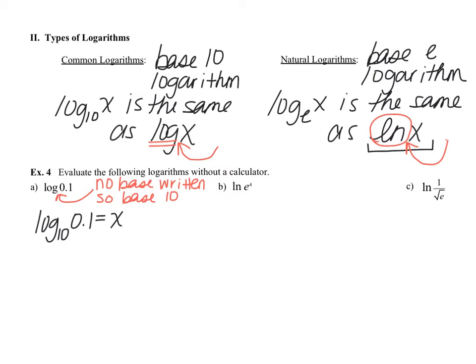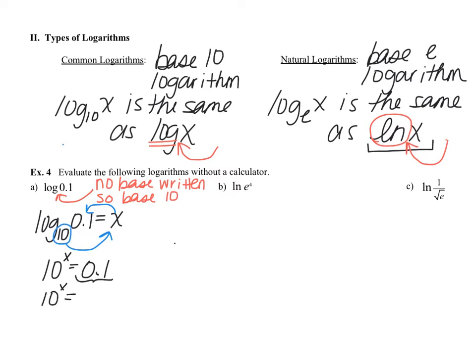Now remember, when we're trying to evaluate a logarithm, we're going to start with the base. Here the base is 10, and this means we're trying to find 10 to what power will give us 0.1. Rewritten in exponential form, we have 10 to the x power is equal to 0.1. Now we're solving a little exponential equation, and I'd recommend rewriting the decimal as a fraction.